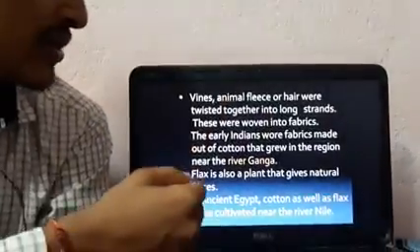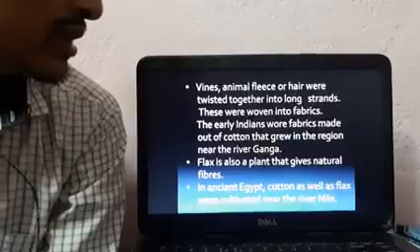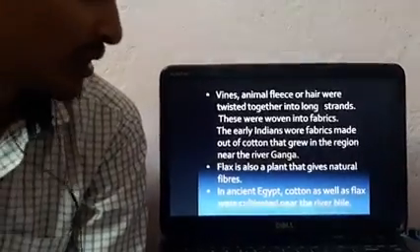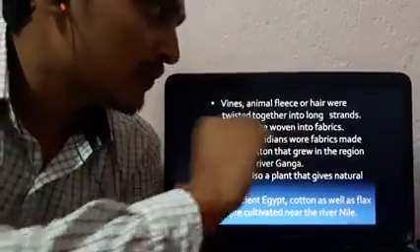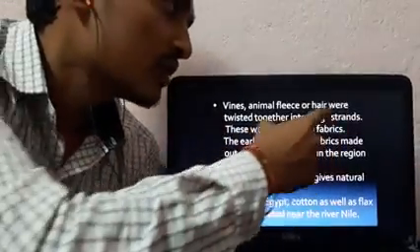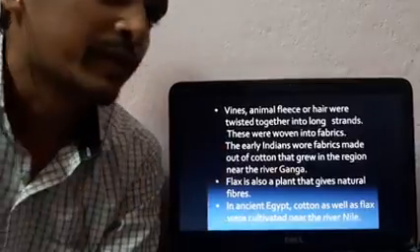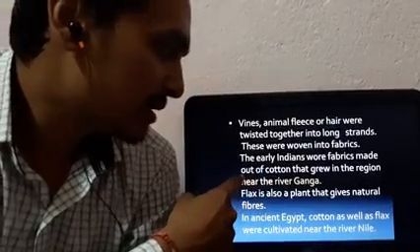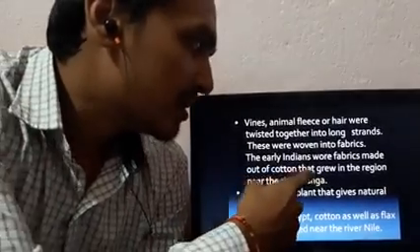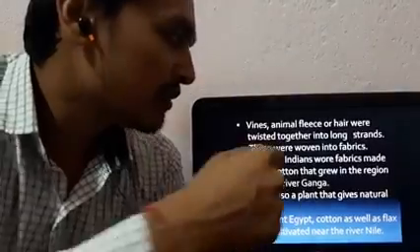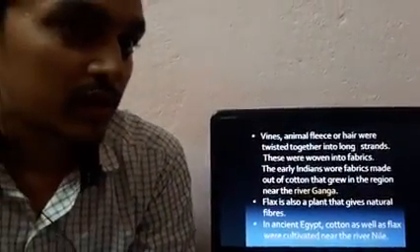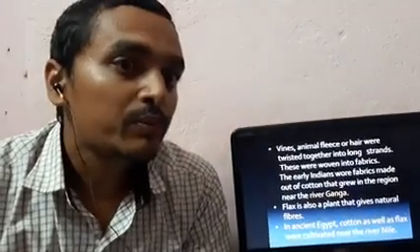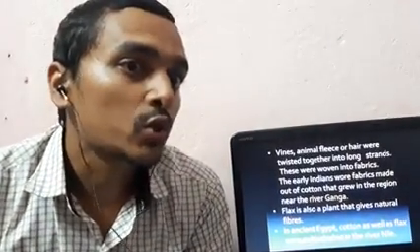Vines, animal fleece or hair were twisted together into long strands. These were woven into fabrics. The long strands are woven into fabrics, the weaving process. The early Indians wore fabrics made out of cotton that grew in the region near the river Ganga. This is how people started to wear cotton clothes.